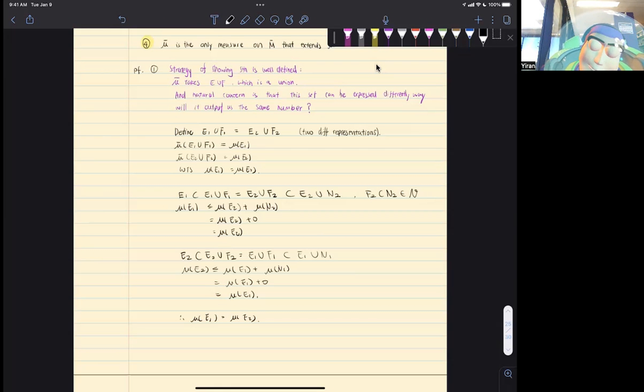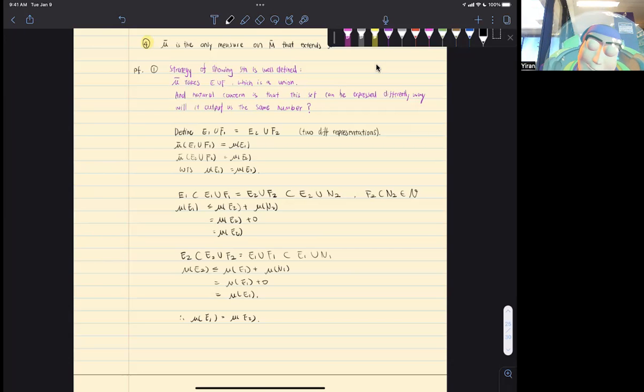So notice that E1 is a subset of E1 union F1, which is equal to E1 union F2. This is our assumption. So that means this is the same set with two different representations. So we have this, okay, and this is 2.